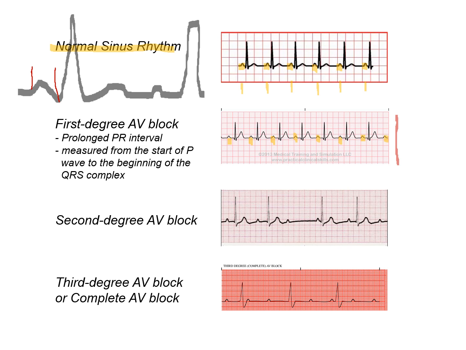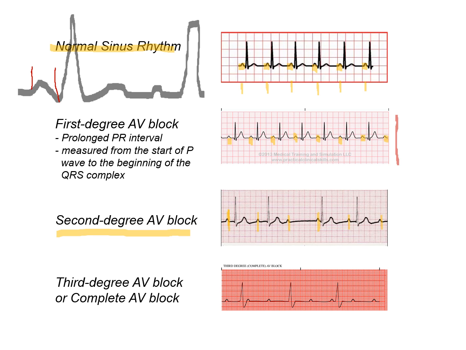However, if it gets worse and transmission through the AV node is further delayed so that the PR interval is even longer, then you have a second degree AV block. Here you have P waves with a relatively longer PR interval, and occasionally there's a P wave with no QRST.